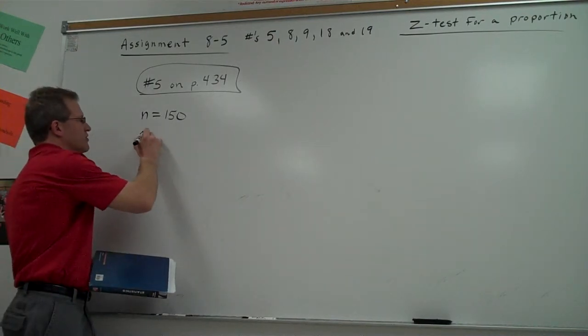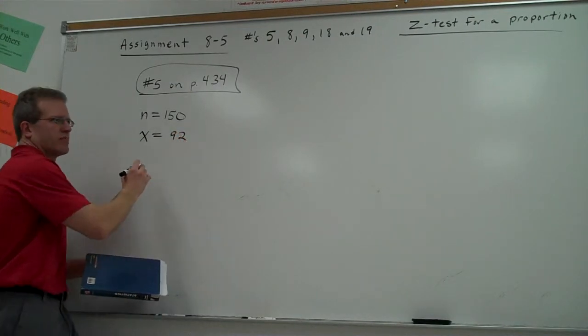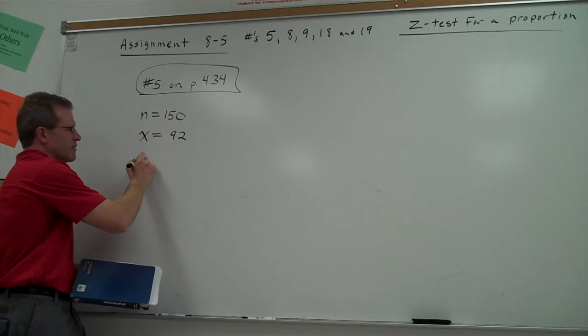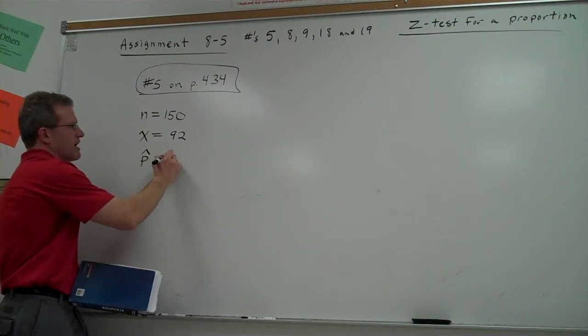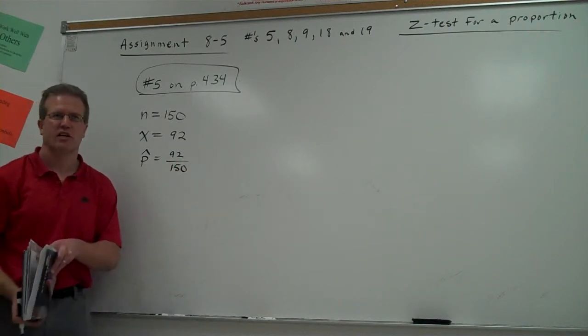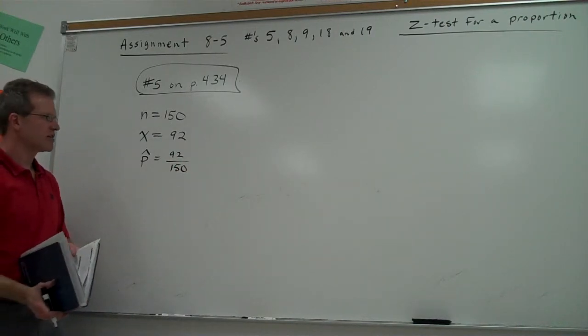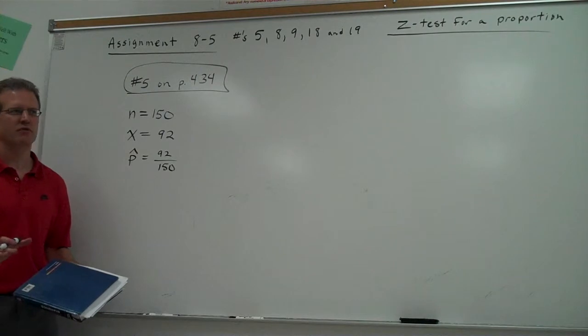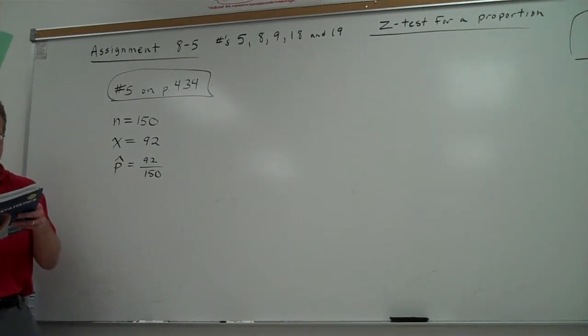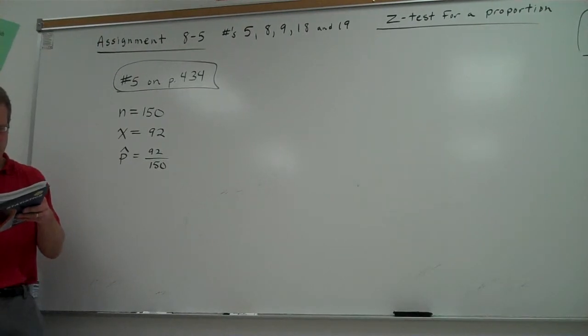So x equals 92. So p hat equals 92 out of 150. That's your sample proportion. If that translates to a nice decimal, you can change it to a decimal if you want, or leave it as a fraction. At the 0.01 level of significance, does that indicate a difference from the national proportion?